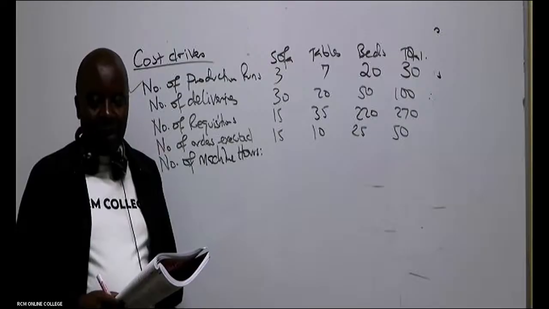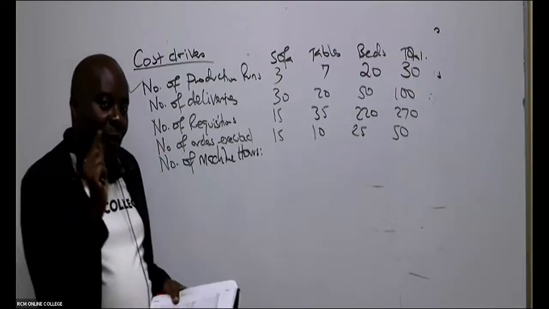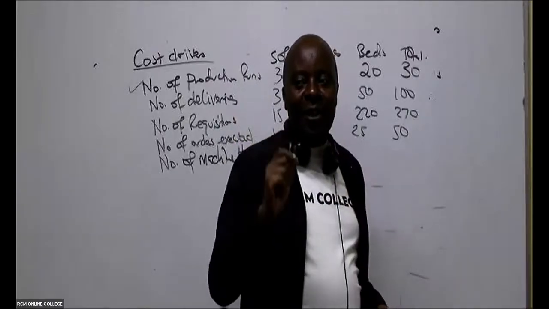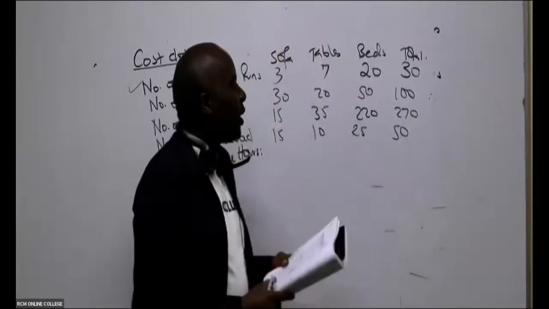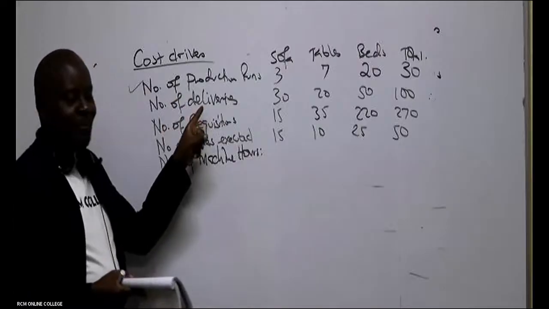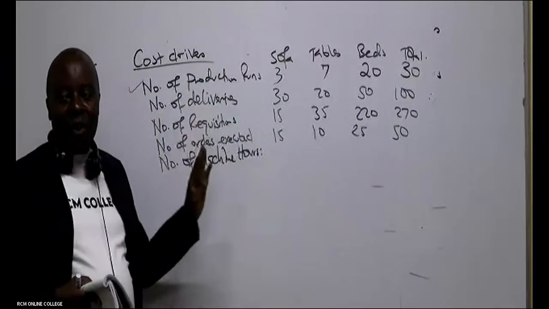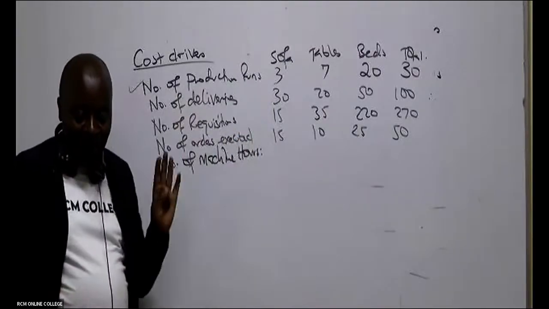So see, when they say machine hours per unit, you must always multiply with the number of units. Don't forget that. These ones I never multiplied because they never told us per unit; those ones are given as lump sums.